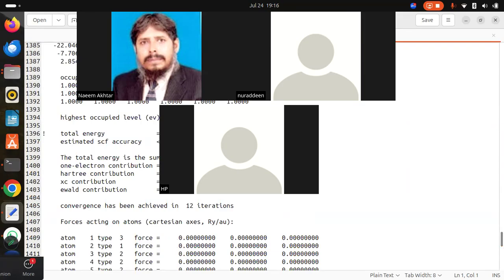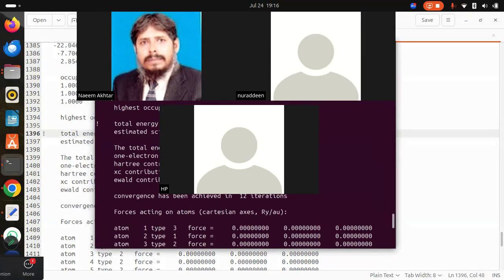The total energy is minus 300.666122. Up to the third order of magnitude, it is the same.